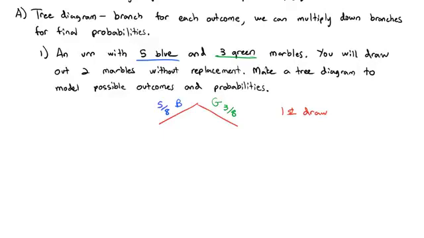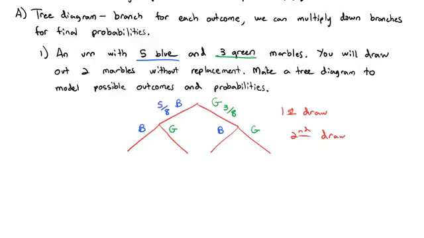But we're not done there because we're still going to draw another marble. And that marble could be either blue or green. It doesn't matter which color we got first, we're going to have the same possible outcomes.